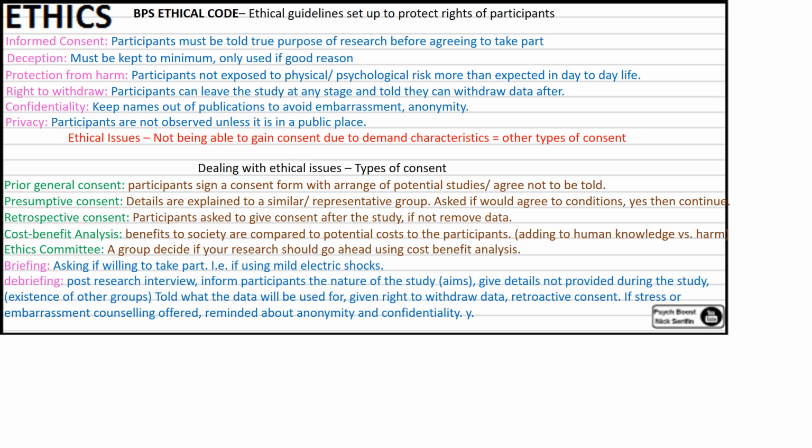Or if in some way the study might have been stressful or caused significant embarrassment, you might offer counselling as part of your duty for protection of harm. And then you remind them that their information will be kept confidential and that any contributions they made would be anonymous. Okay, that's it.